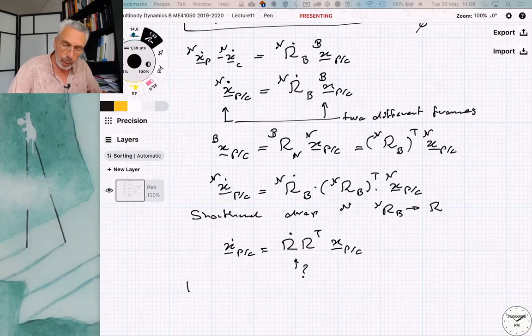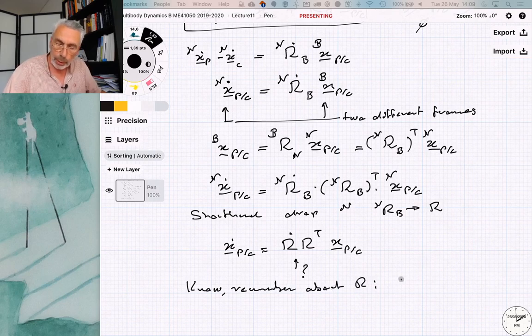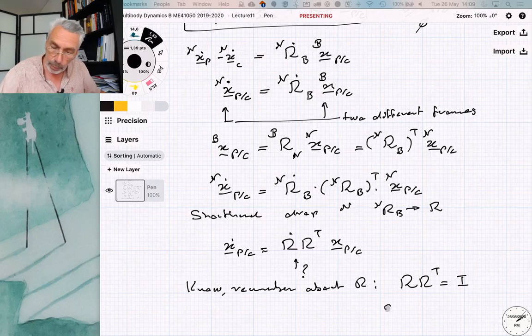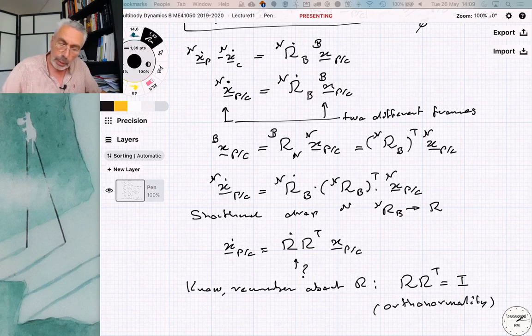Now I remember the following about R. And that was the identity, right? That R times R transpose is the identity. And that was because of this orthonormality. But this looks a lot like that, only there's a dot.